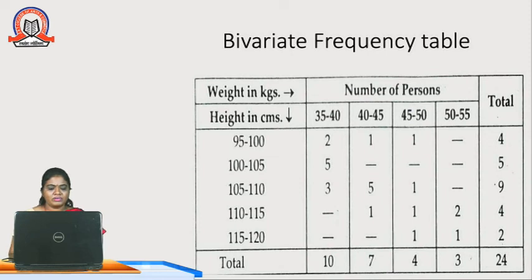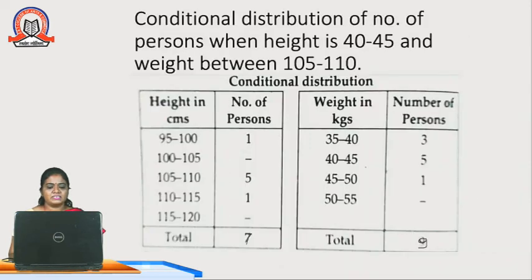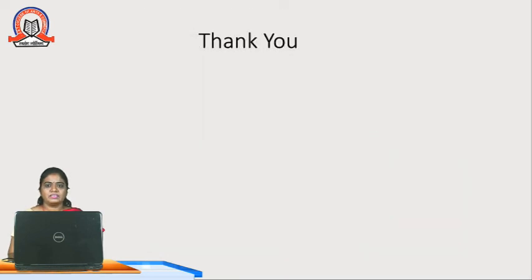Similarly, 105 to 110 is the third row, 3, 5, 1 dash 9. We want to write it separately. We are getting the result. This is the conditional distribution. The conditional distribution may vary according to the question. We want to note it and form the table. Thank you, students.